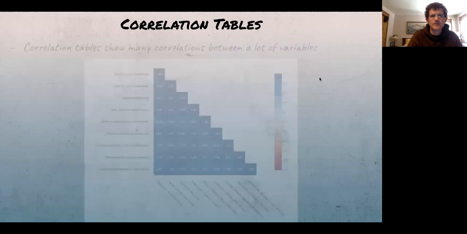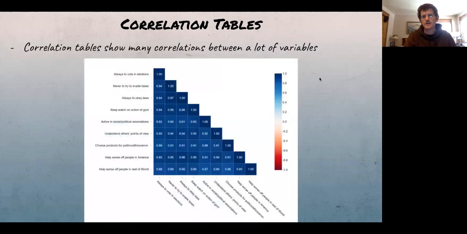All right, correlation tables, I think, is the last thing we need to talk about. So with correlation tables, there's one other thing. If you notice what's going on, we've got, what is this, 1, 2, 3, 4, 5, 6, 7, 8, 9 variables that are all being correlated.